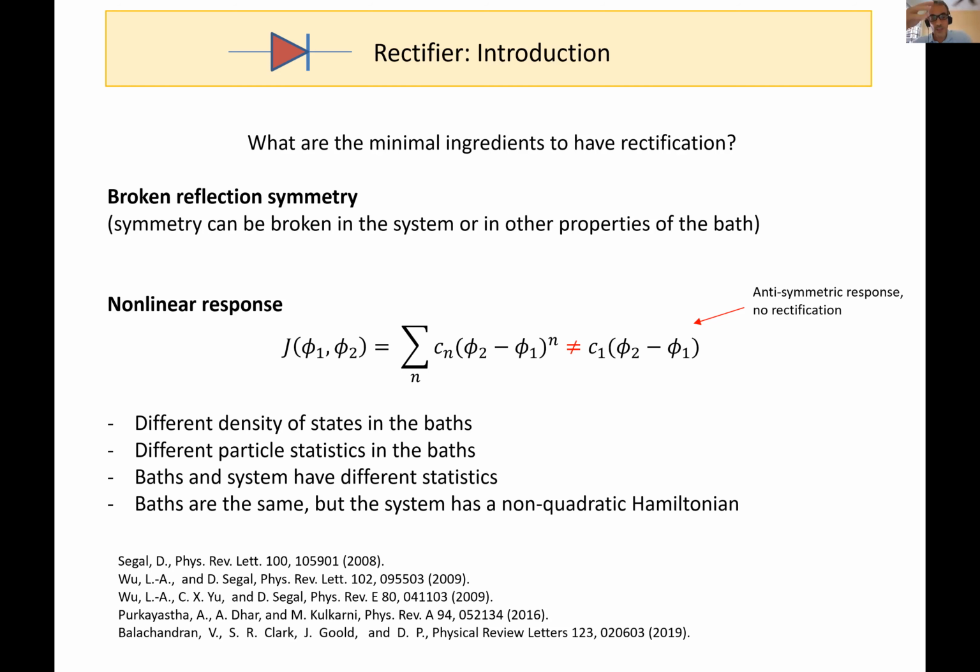And even suppose the baths are the same, you can have nonlinear terms or non-quadratic terms in the Hamiltonian, and that will also help you to have rectification. So all of these things can be thought of as having some nonlinearity somewhere.